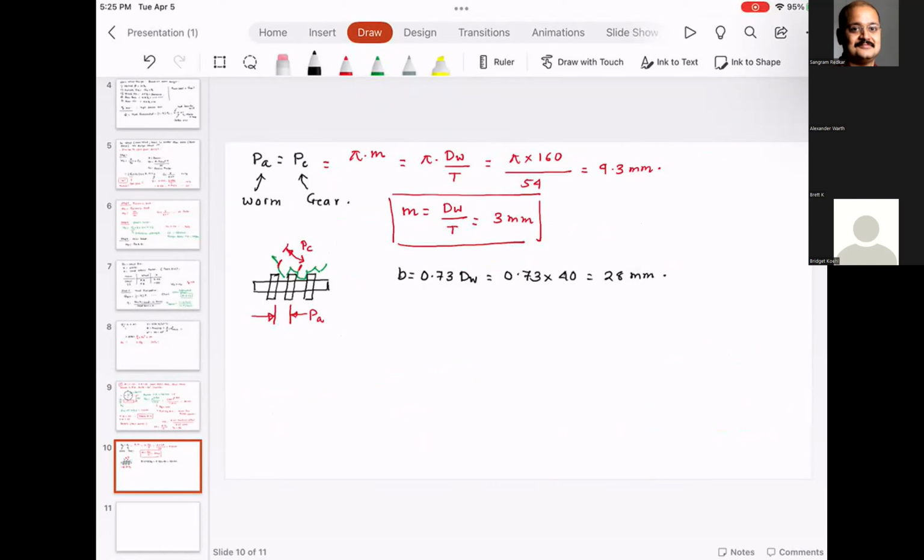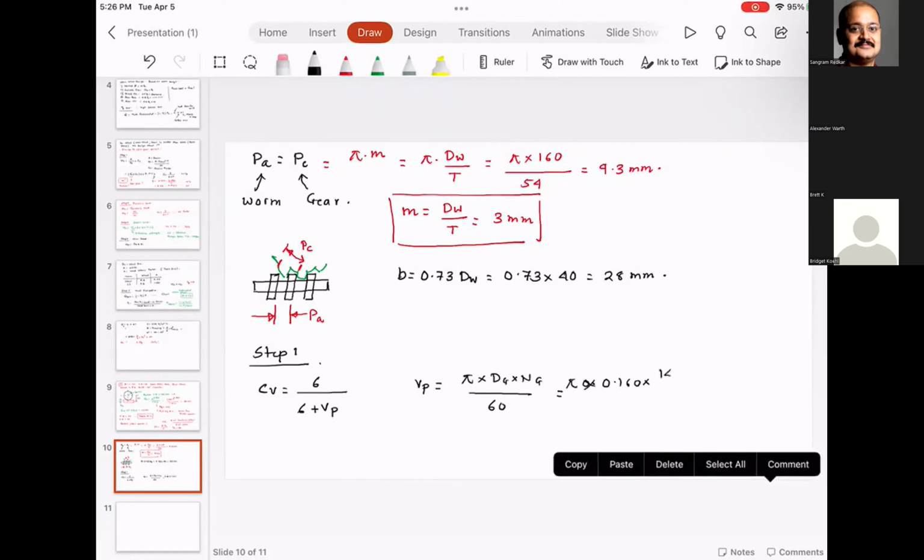So step 1 in wheel design is we want to find out CV, which is 6 divided by 6 plus VP, and VP is equal to pi times DG NG divided by 60. So pi multiplied by 0.160 multiplied by speed.